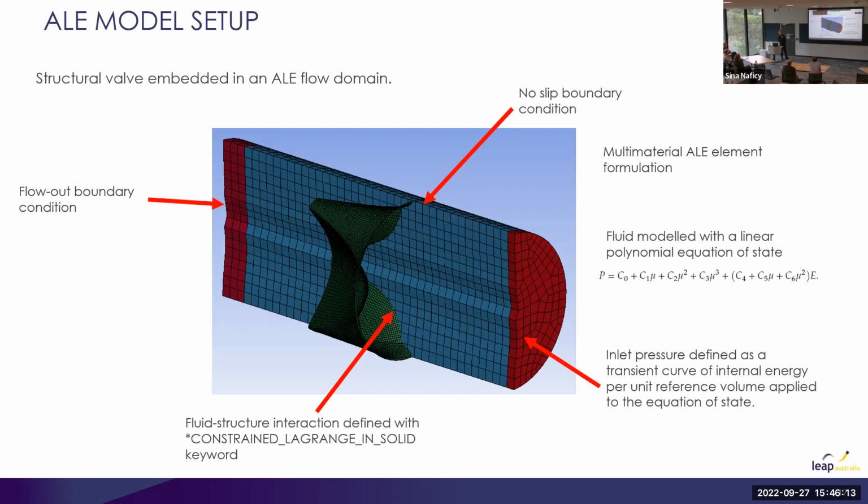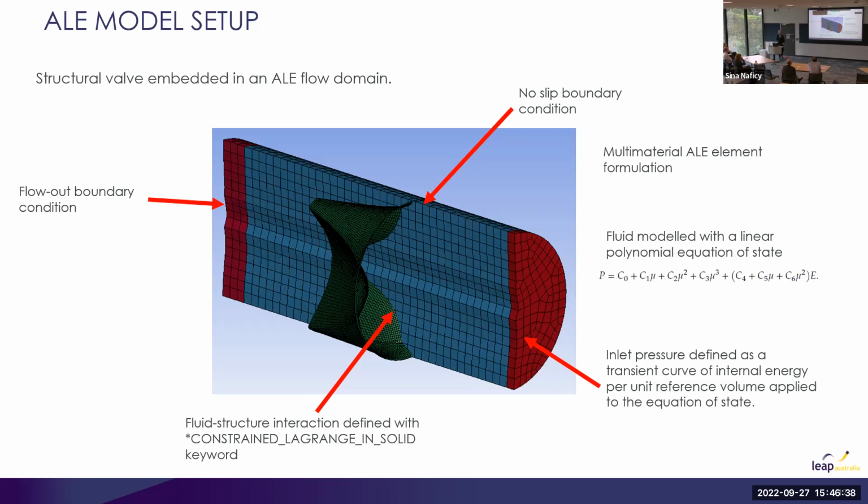LS-DYNA wasn't developed for doing heart valve simulations, so we had to jury-rig a polynomial equation of state for defining the pressure in the material, and use the internal energy per unit reference volume, basically a history curve, which defines that to initialize the pressure of the fluid, which comes in here. That's why we have the separate body here. And once we worked that out, it was easy.